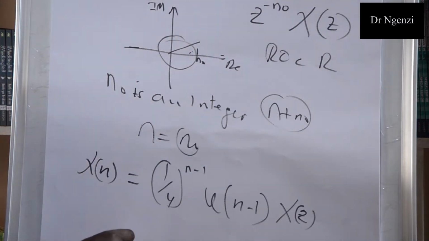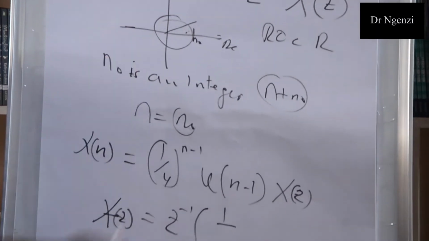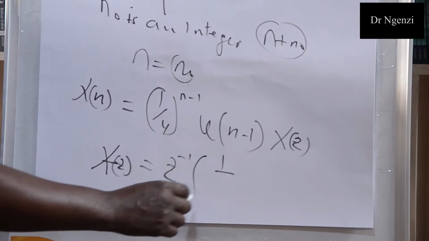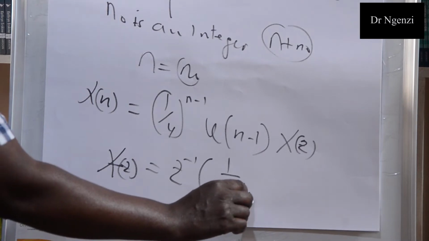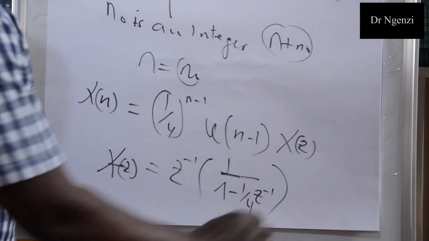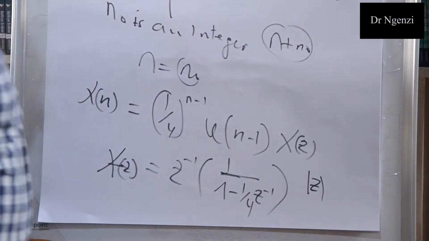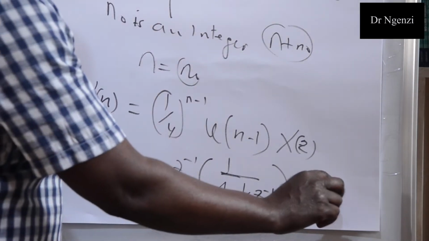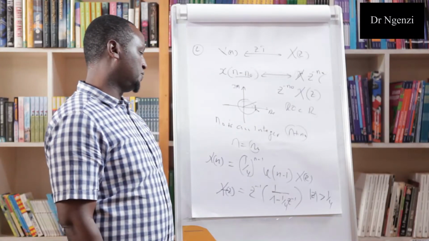So X(z) is going to be z to the power -1 times 1 over 1 minus a quarter, but in terms of z, the region of convergence is going to be modulus z bigger than a quarter, because we are trying to calculate the z transform.